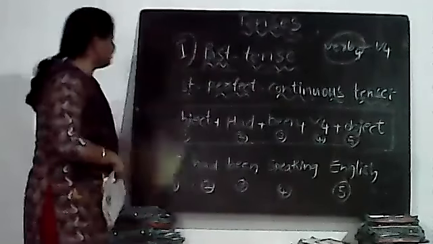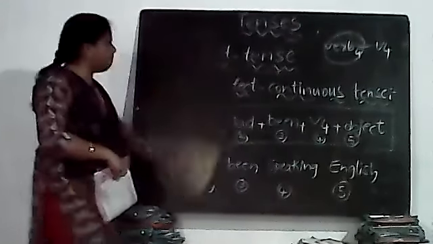Then now finally, which tense is there? The second part is completed, which means the past tense is totally completed. Now let's go to the future tense. The third one is the future tense.